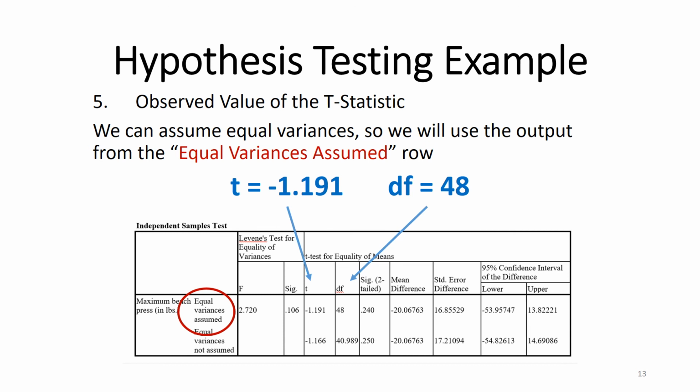The degrees of freedom is abbreviated with a DF. Sometimes it's capital DF, sometimes it's lowercase. It's always the degrees of freedom. And that tells us a little bit about the sample size. You may recall from the previous lecture, I said for an independent samples t-test, the way that we compute the degrees of freedom is we take the sample size of group 1 plus the sample size of group 2, and then we subtract the constant 2.